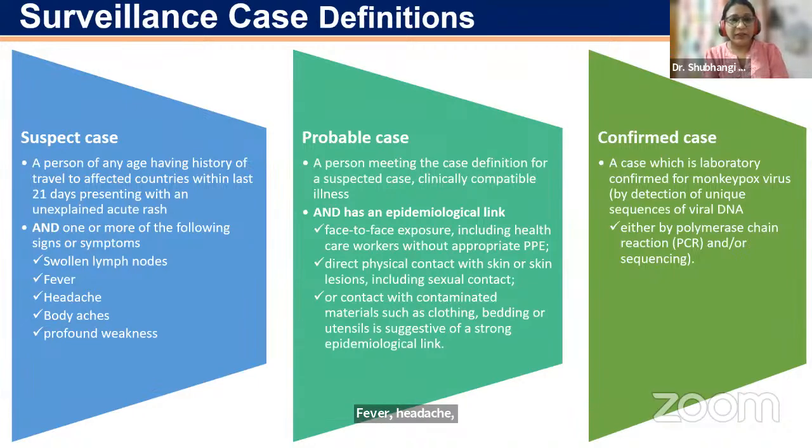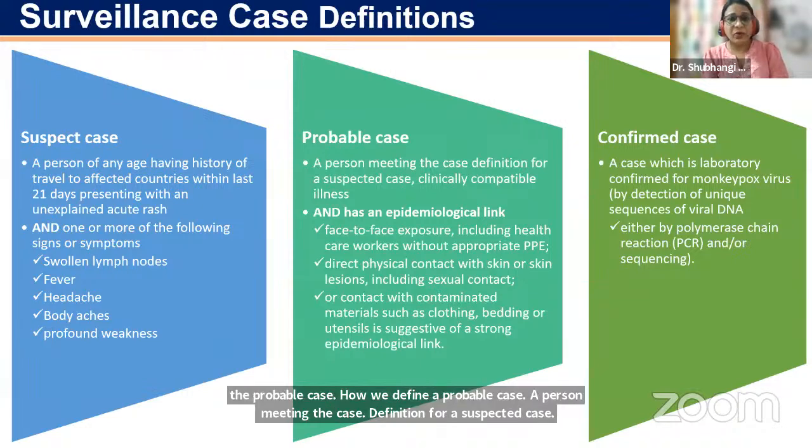We have already seen that fever may or may not be there, but an unexplained acute rash and a history of travel make it a suspect case. A probable case is a person meeting the case definition for a suspected case, with a clinically compatible illness and an epidemiological link.